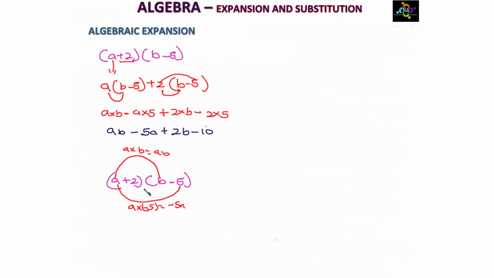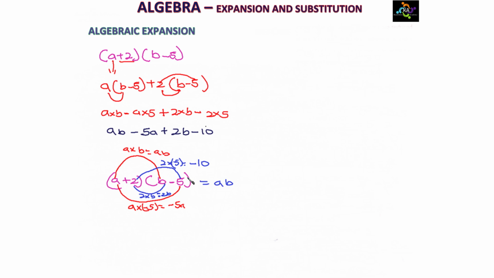Now, this 2 will multiply the last term. That's 2 times minus 5. That will give us minus 10. Then it will multiply this also. That's 2 times b. That's 2b. Then you bring all those terms together. The first one, ab.